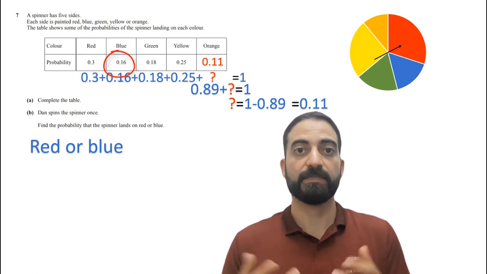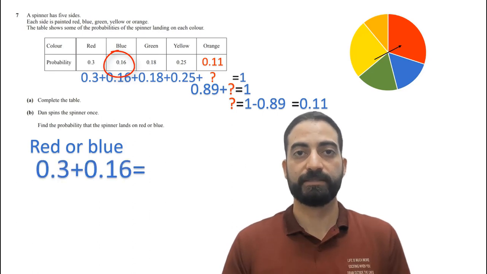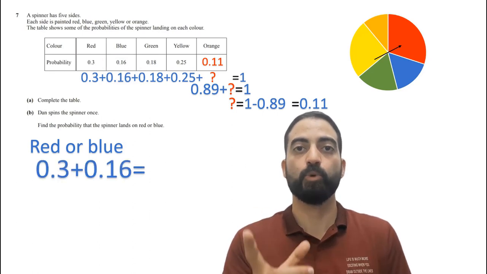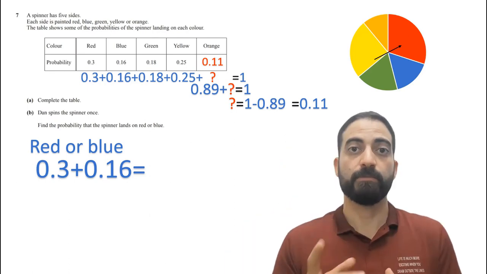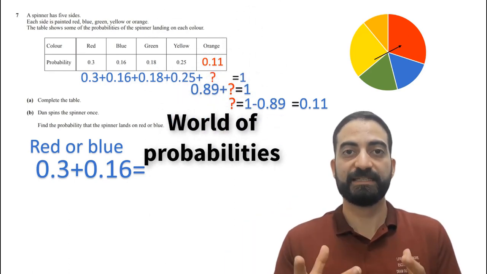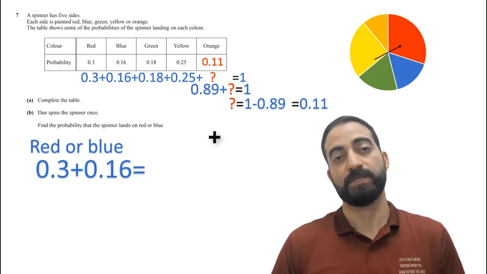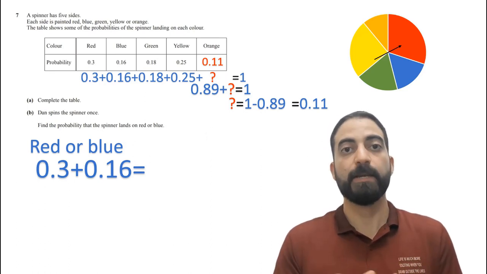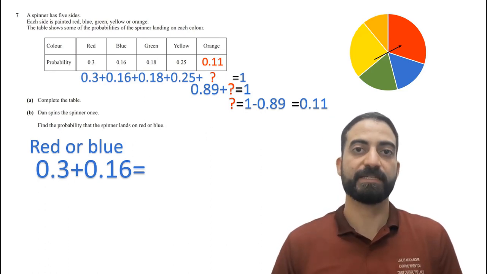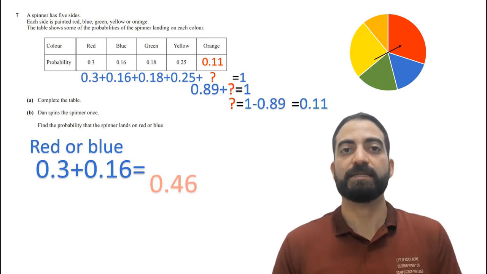And as we see in the question, it says red or blue. That word or, in the language of probabilities, is translated as plus. So we have 0.3 plus 0.16 and we get the answer.